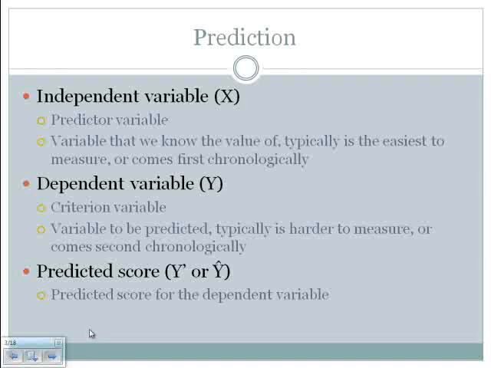Before we move on, I want to give you a little bit of an example of how this might be used. Again, I'll use the NFL. Let's say that NFL teams who spend lots of money trying to figure out who their team needs to draft have been keeping data on NFL success, which they define as years in the league, and broad jump score. For 10 years they've got hundreds and hundreds of athletes that they've kept track of, and they found there is a 0.75 correlation between broad jump score and success in the league, or years in the league.